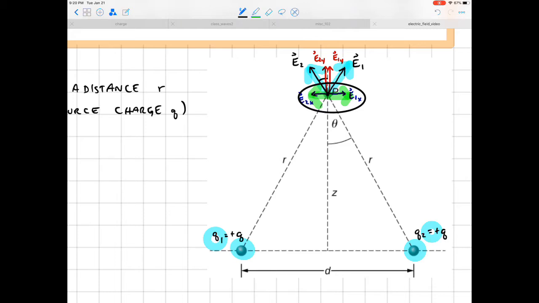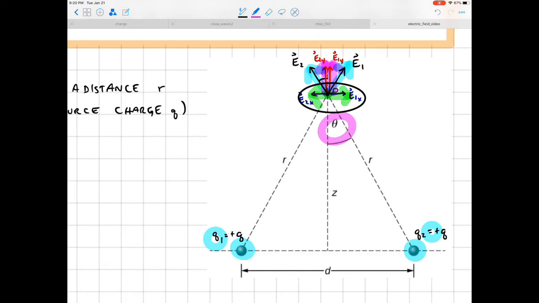Then we've got the two components in the vertical direction, and those are going to add together. So if we can figure out the magnitude of E1 and E2, and then using this angle right here, find the component of that vector that's pointing upwards, then we can immediately find the electric field at that location.